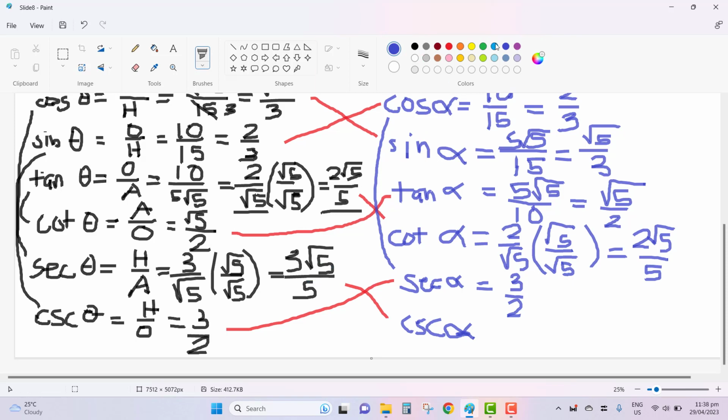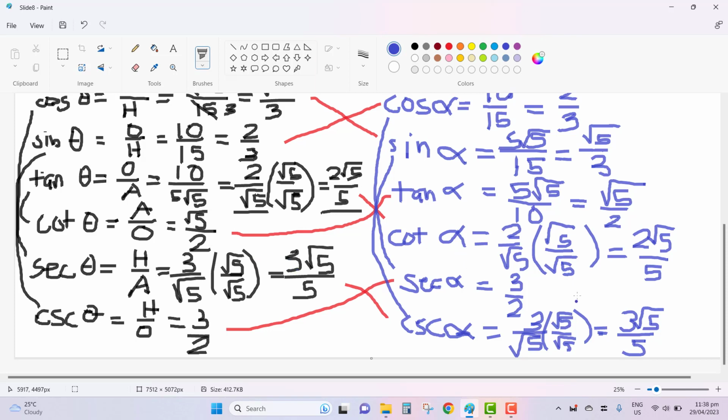Let's find out by using the relationship of sine and cosecant, which is the reciprocal of this. So you will get 3 over square root of 5, which needs rationalization. So you have square root of 5, square root of 5. So you have 3 square root of 5 over square root of 25, which is just equal to 5. See? They were just interchanged.